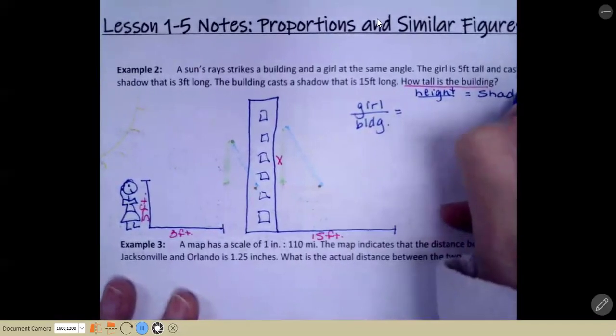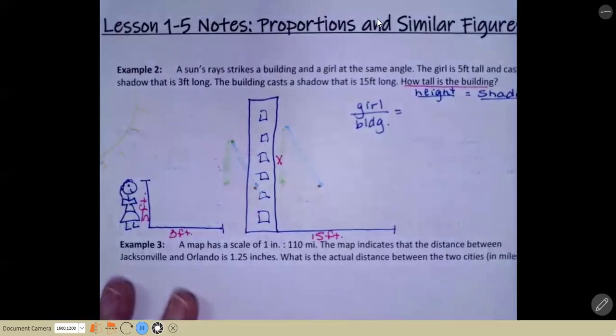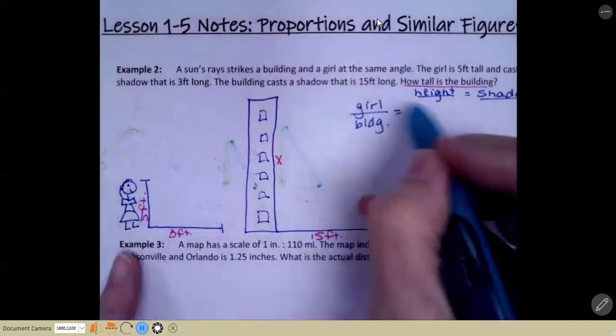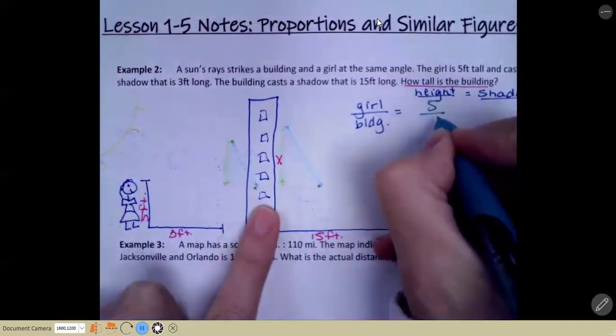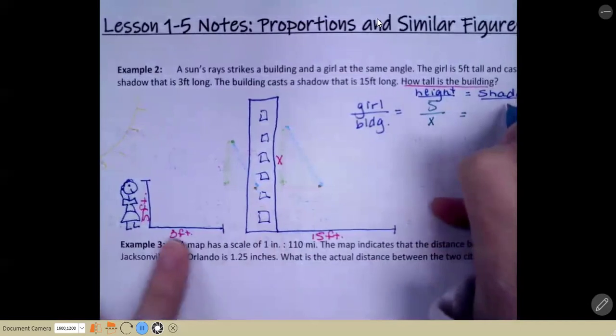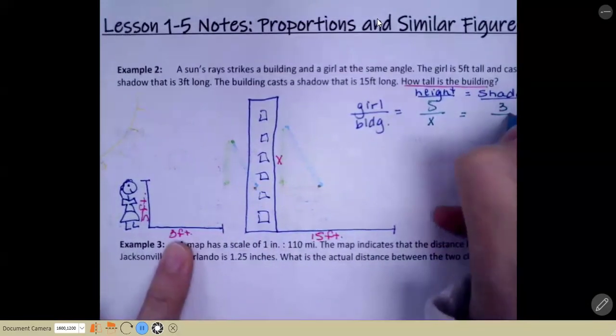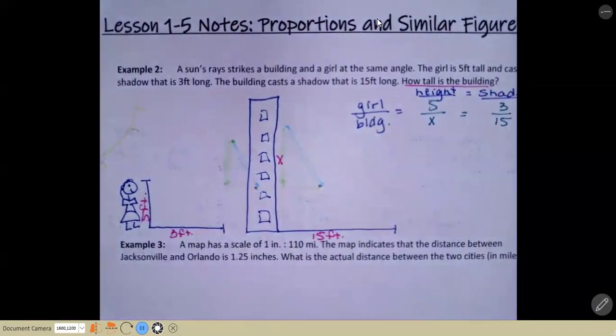Now you can set it up the other way if you'd like, but let's figure this out. So we have the girl's height, which is 5, over the building's height, which is X. And this equals the girl's shadow of 3 over the building shadow of 15. You can use the cross product property.